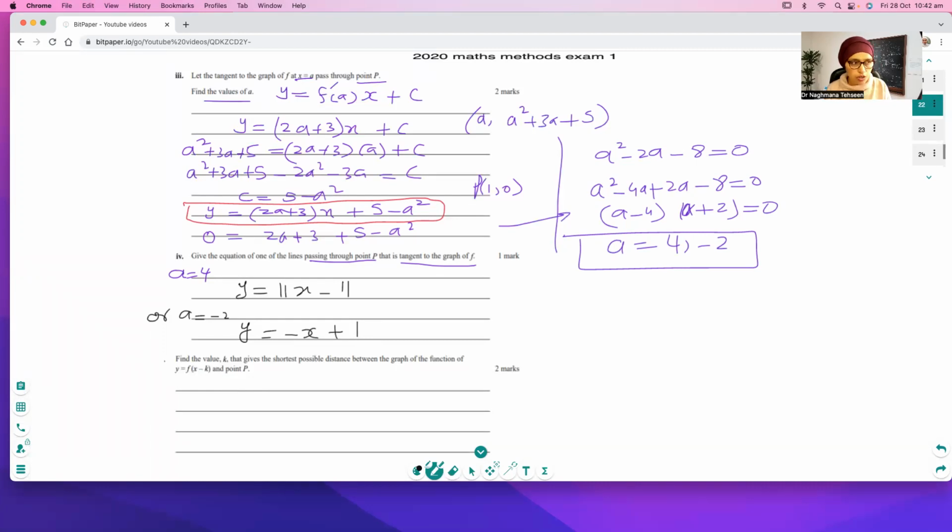The graph we have, y equal to f of x, is a parabola, right? So we want to find the shortest possible distance between the graph of y equal to f of x minus k and the point P.